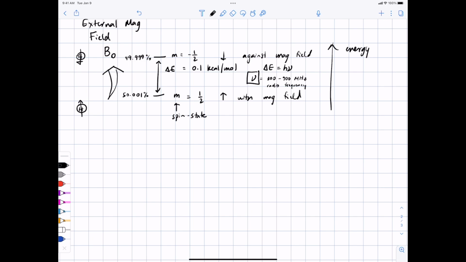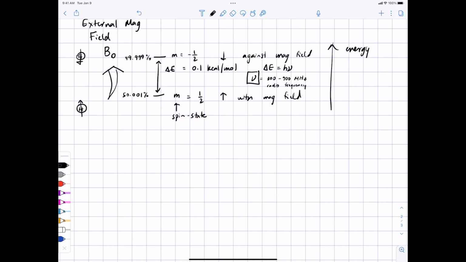We're just talking about whether the proton itself is lined up with the magnetic field versus not. If you want to think of the proton as a tiny charged ball spinning on an axis, you can, and being aligned with the field would be this way, and then it could rotate itself around to be aligned against the field. It's not actually how it works, but that's how you can visualize it.